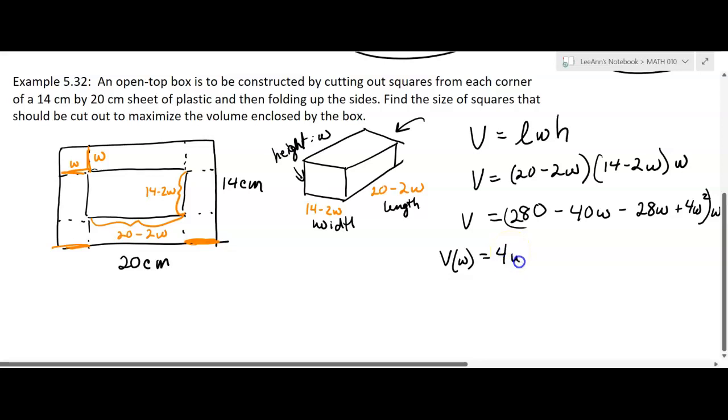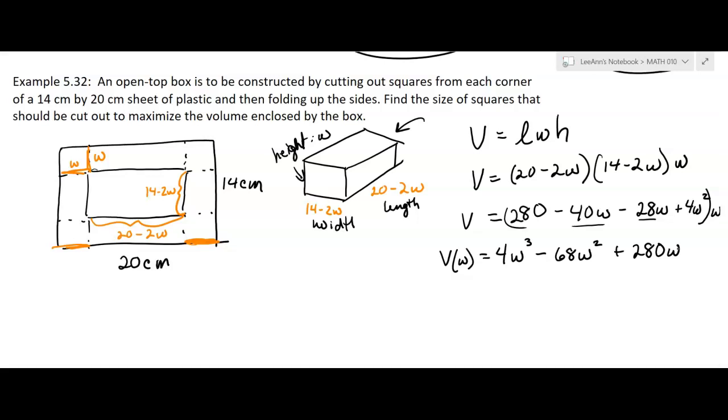I'm going to rearrange it too, minus, let's see, what's 40 and 28? 68W squared. I'm distributing the W at the same time. Probably shouldn't do too many things at once. Plus 280W. But just trust me, that's where the equation comes from.